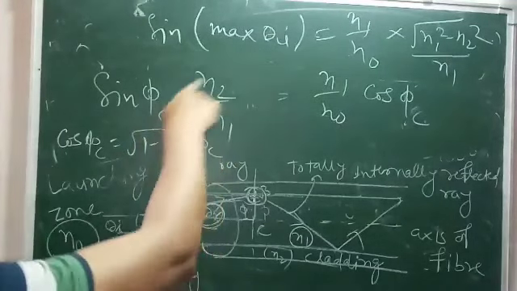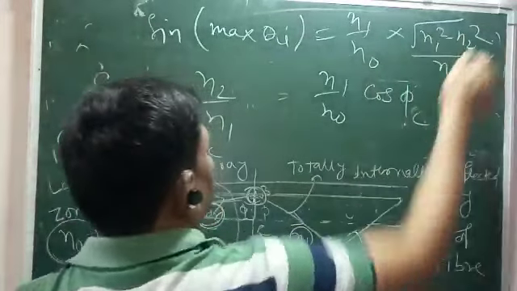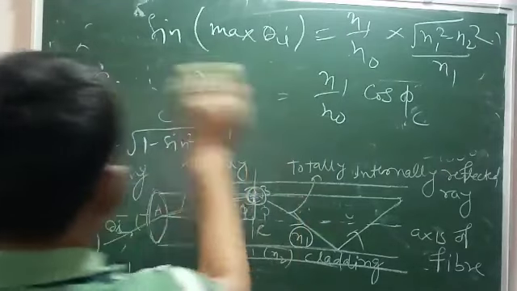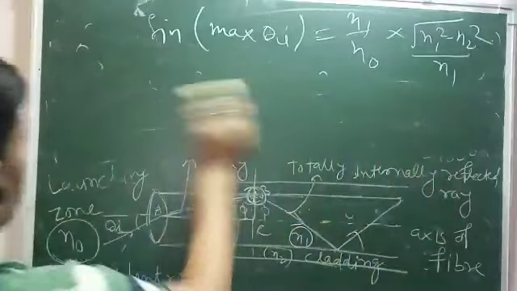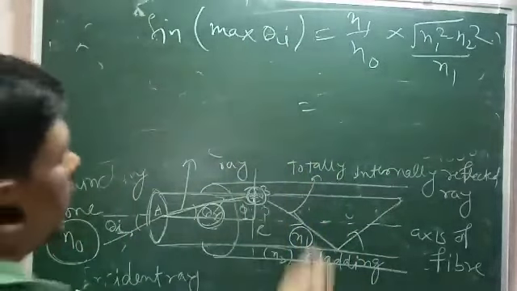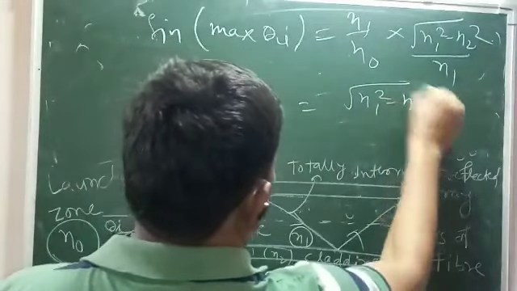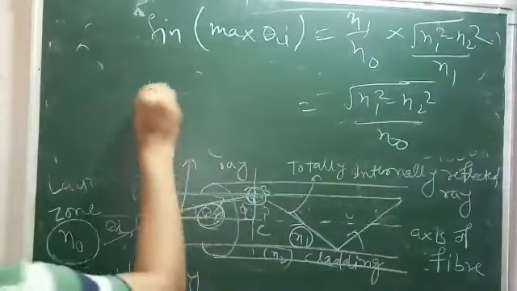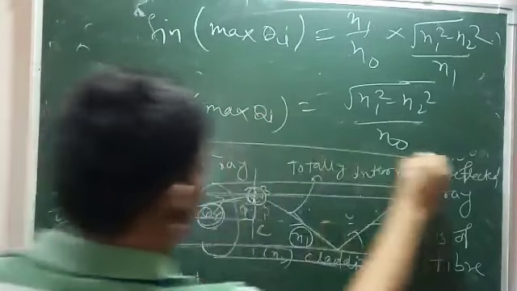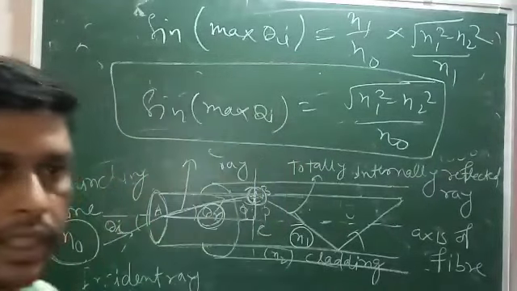The value of sin phi c is N2 by N1, so we get cos phi c is equal to root over N1 square minus N2 square by N1. So the value of sin maximum theta i is equal to root over N1 square minus N2 square by N0. This is the desired equation for fiber optics.